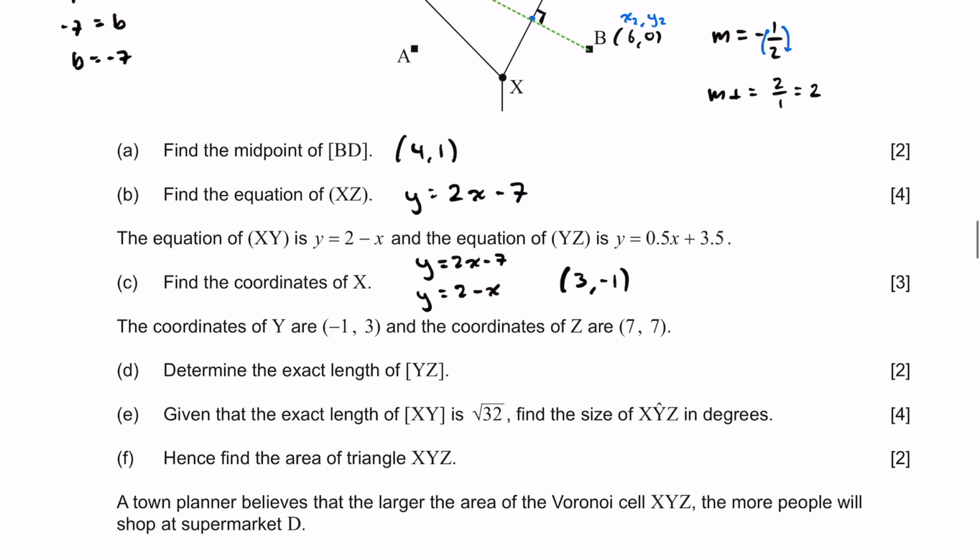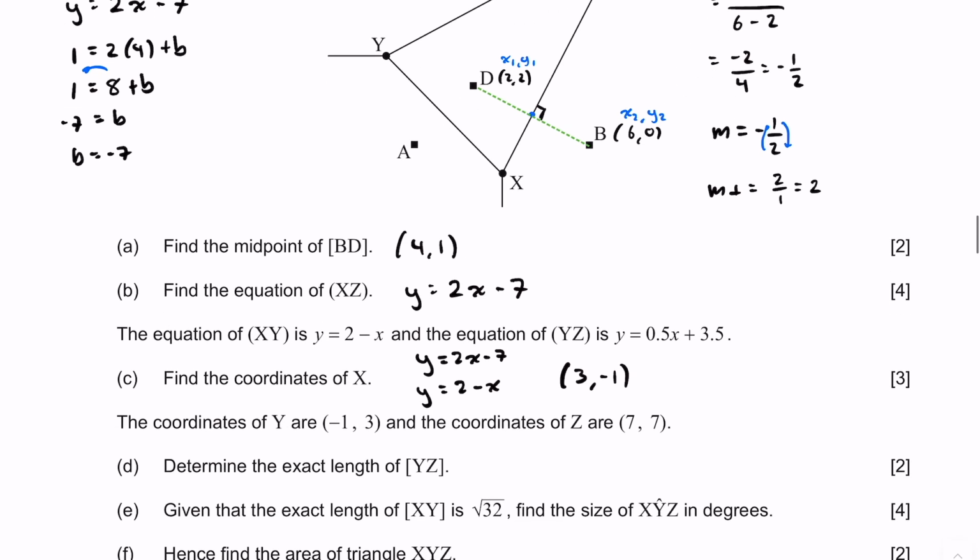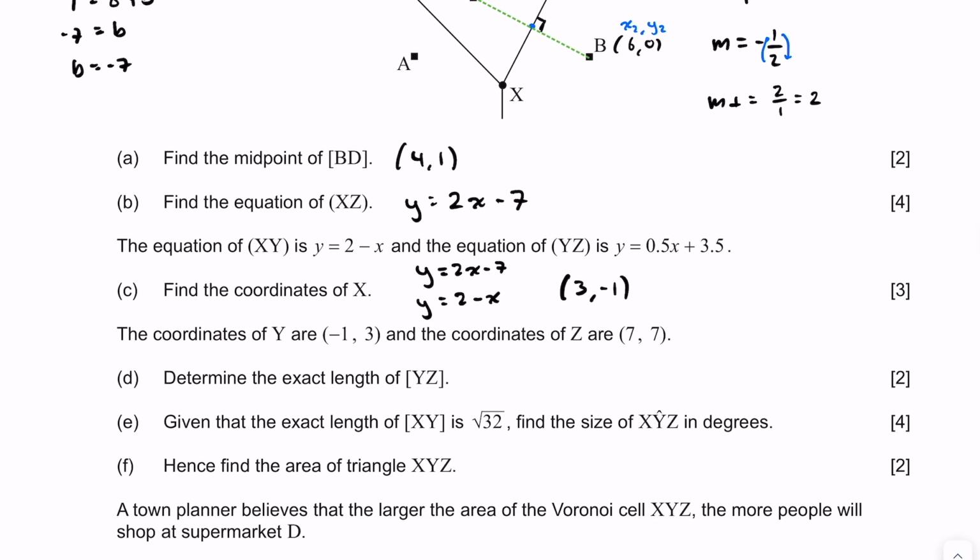The coordinates of y are negative 1, 3, and the coordinates of z are 7, 7. So y, and then all the way up here is z. Determine the exact length of YZ. Essentially this is distance formula.